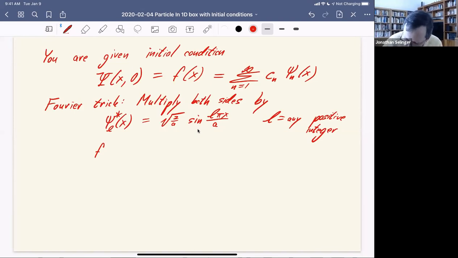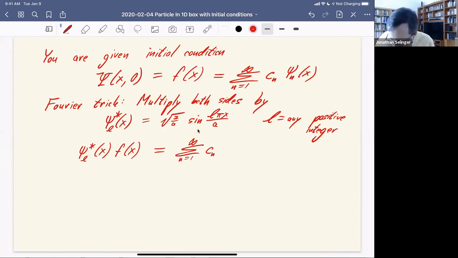So we have psi L star of x times f of x equal to a sum from n equals 1 to infinity of Cn times psi L star of x times psi n of x.